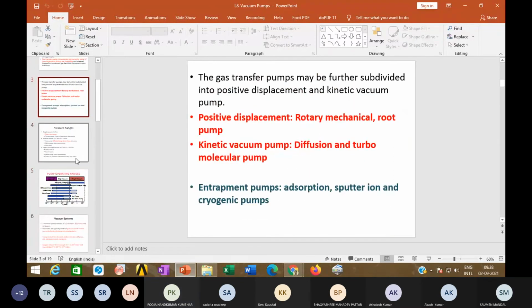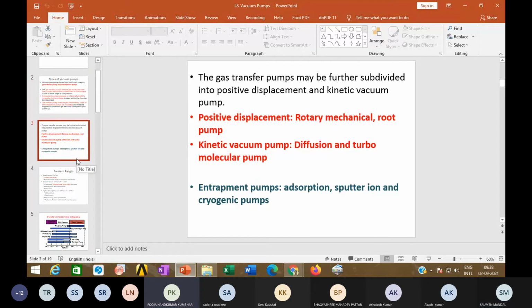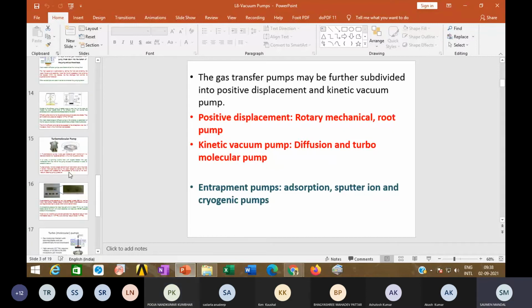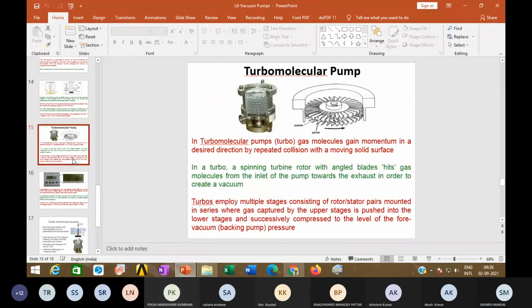It was under the turbomolecular pump. The last line, sir. Oh, okay, four vacuum, okay.